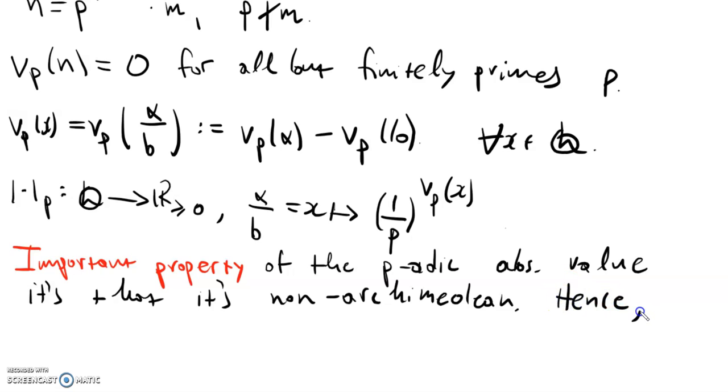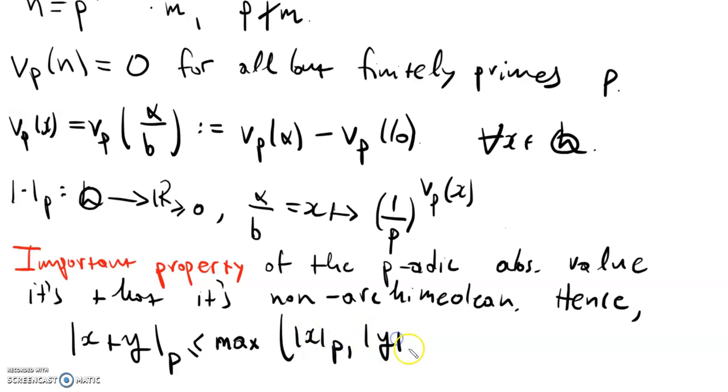By definition, this means that if I consider the p-adic absolute value of the sum of two rational numbers x and y, then, although as an absolute value it satisfies the triangle inequality, it is in fact less than or equal to the maximum of the absolute values, which is a rather strange property.